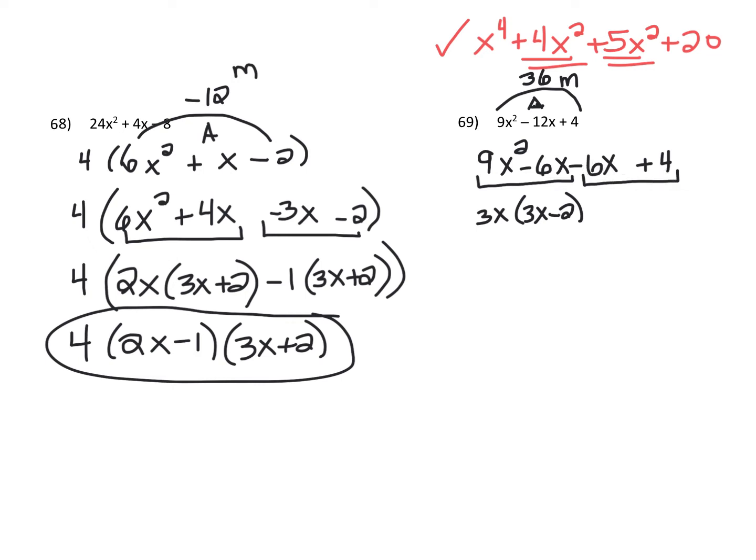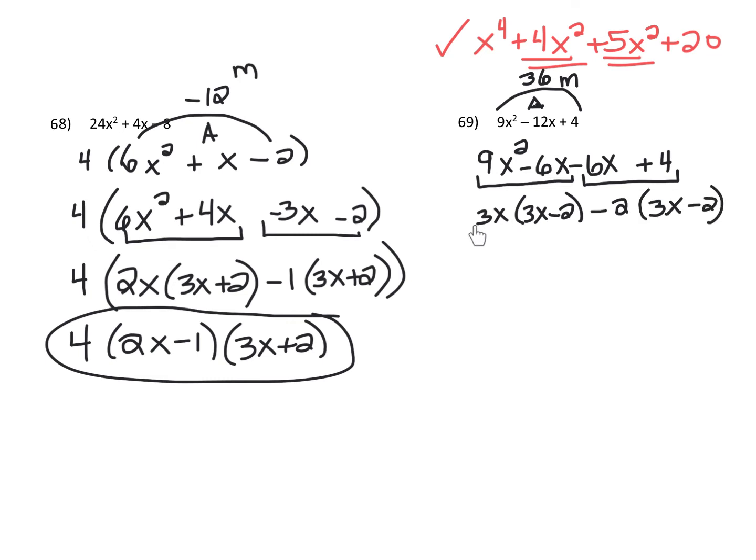I mean, an easy way to look at it is, see how this sign goes positive, negative, whereas this goes negative, positive? If these have the opposite sign as what's in our parentheses, it means we want to factor out a negative. So let's factor out a negative 2, and then I'll be left with positive 3x minus 2.